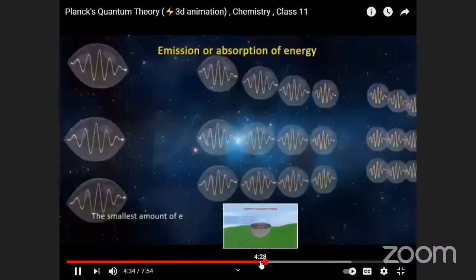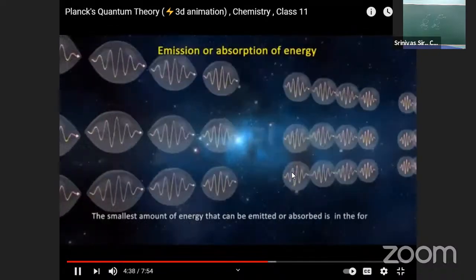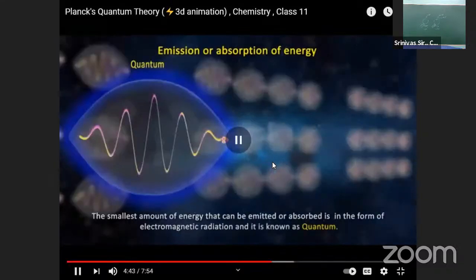The smallest amount of energy that can be emitted or absorbed in the form of electromagnetic radiation is known as quantum. See, note it down. This is an important point. The smallest amount of energy that can be emitted or absorbed in the form of electromagnetic radiation, that smallest amount of energy is known as quantum.